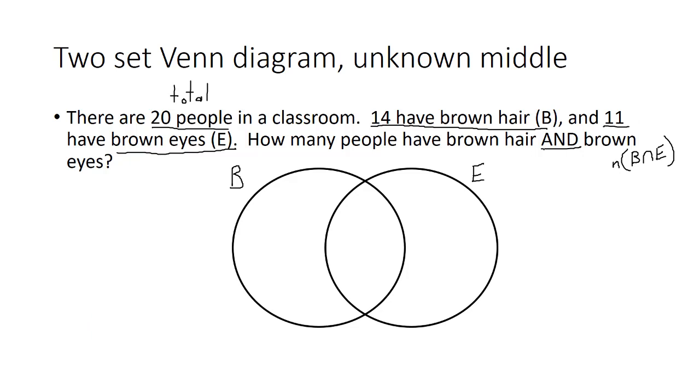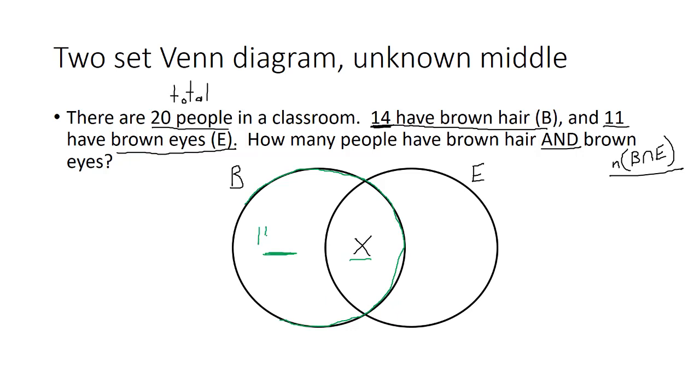We're looking for the union, which is in the middle here. That's our X value. Now this 14 right here isn't just for this sector, it's for this sector and this sector. It's for everything that is in this circle.